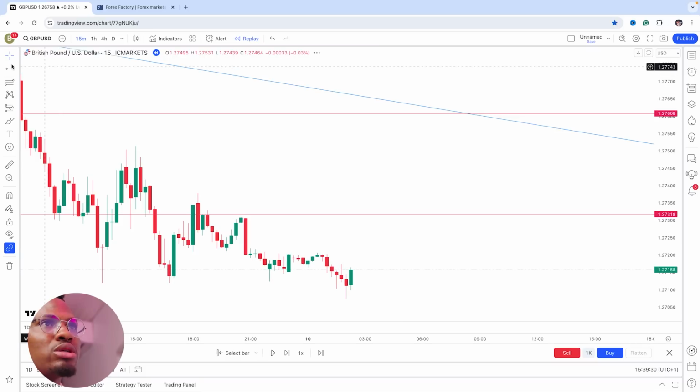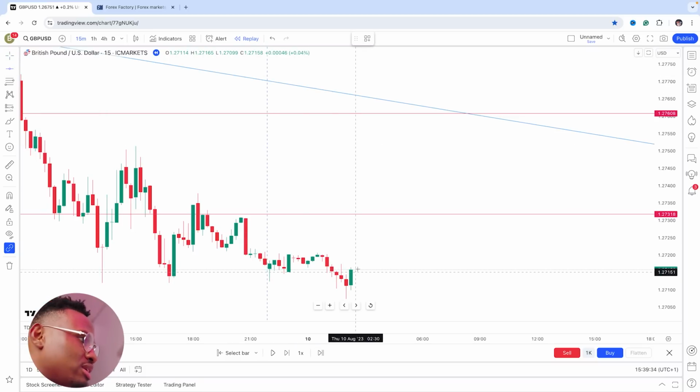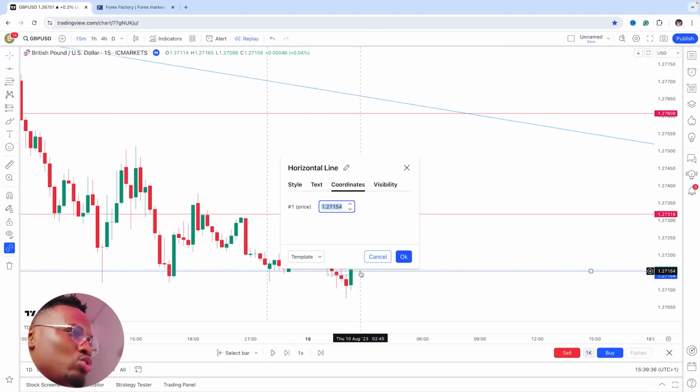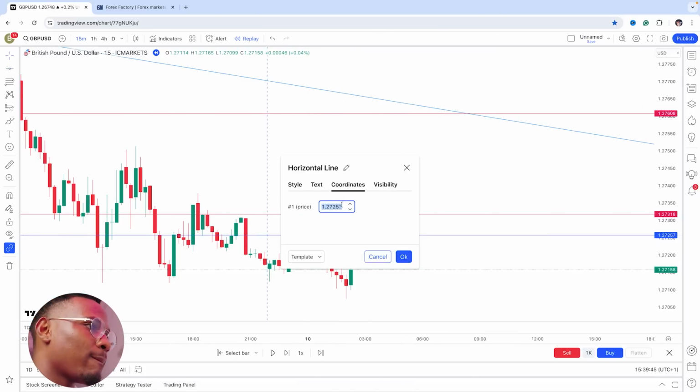Whilst I'm waiting for the chart to load, let me put in a horizontal line that serves as my psychological level. So it's 1.270 as a psychological level. Then the next one will be 1.275, since it's 50 pips far apart.